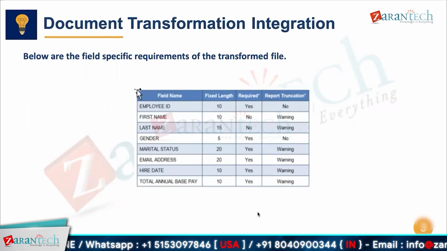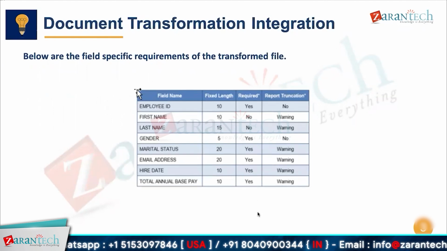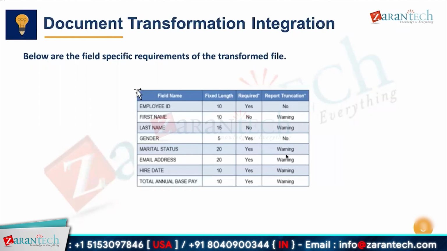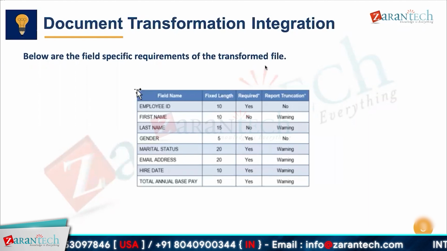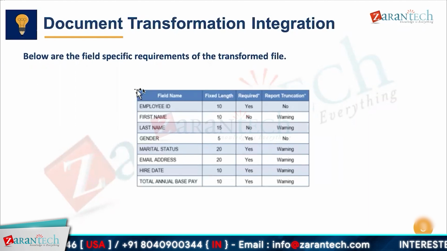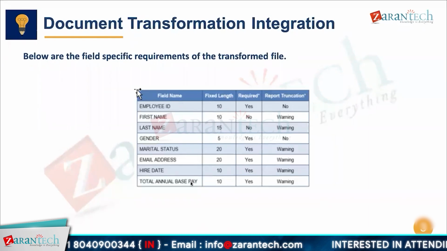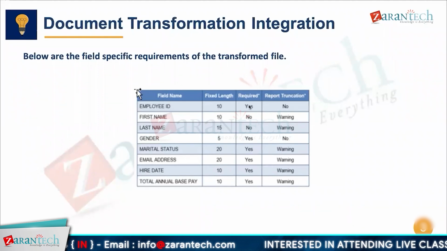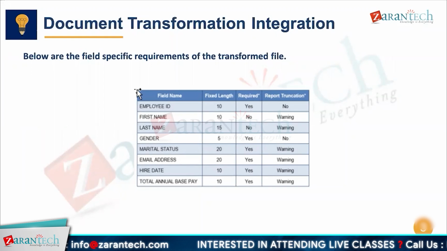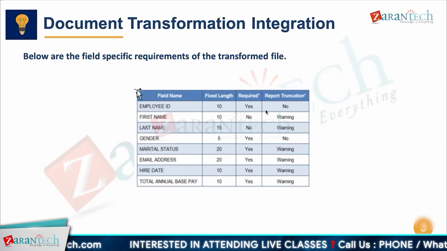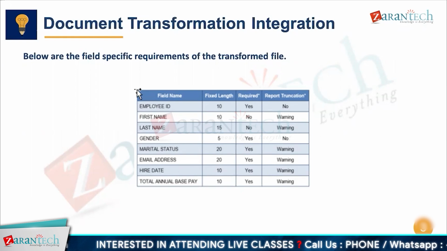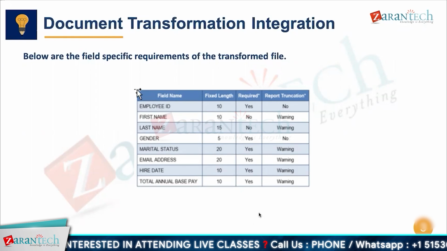These are some specific requirements of the transform. This is just an example. Let's say the field name employee ID is one field. We have defined the fixed length. We have defined the criteria of whether it's a required field or not, and whether we want a warning to be displayed.